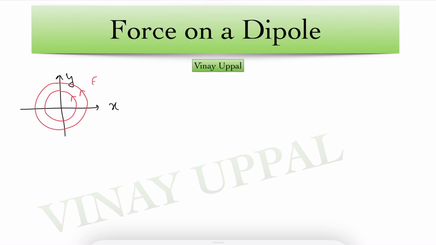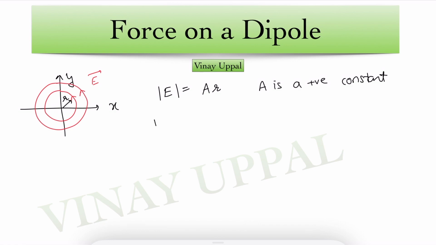These are my electric field lines, and the magnitude of electric field at a distance r from the origin is, let's say, proportional to r. So A is some positive constant and the direction of electric field is given by the electric field lines as I have shown.